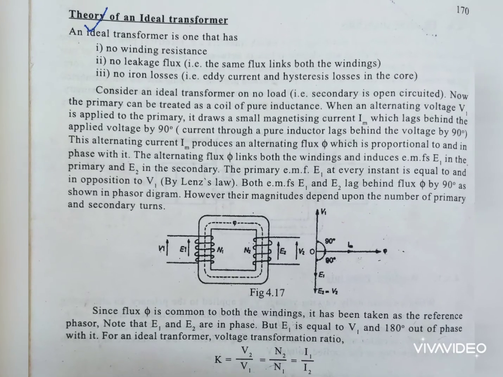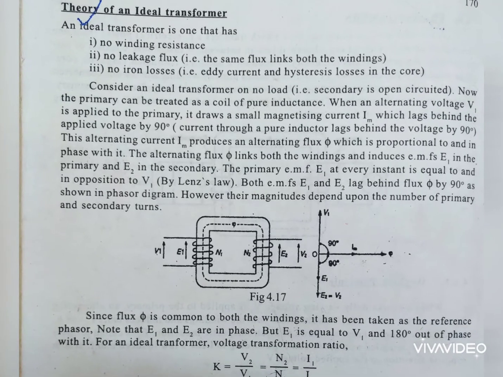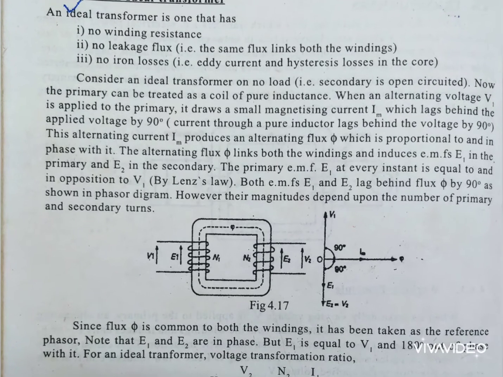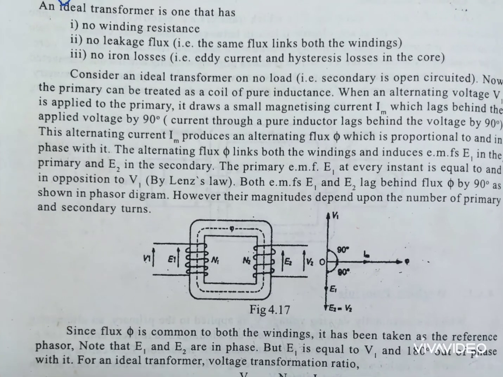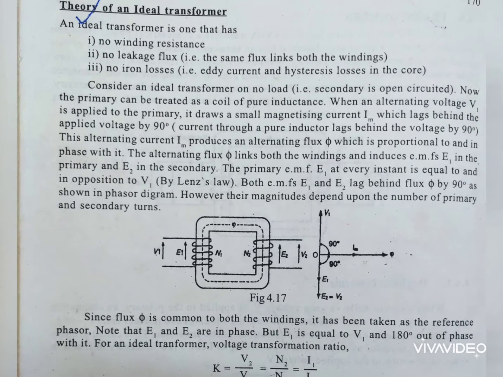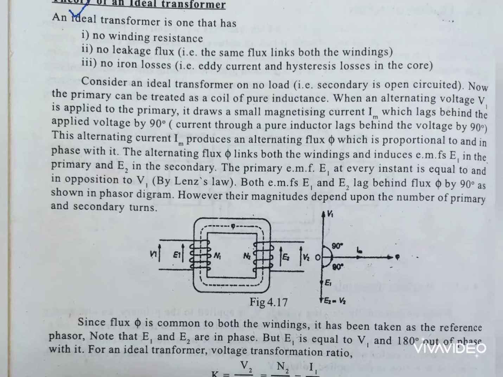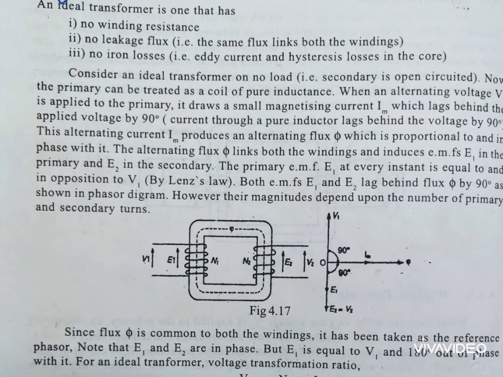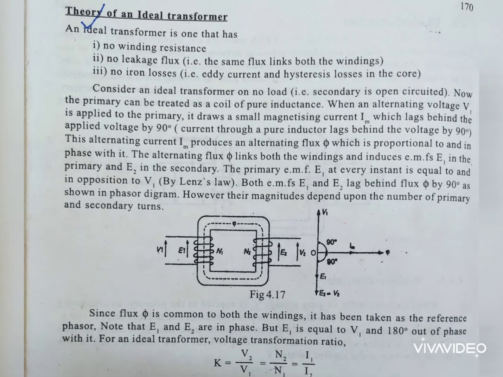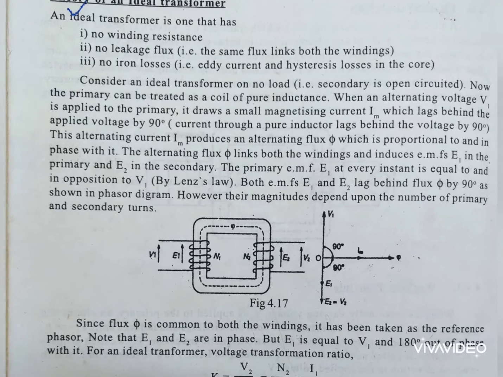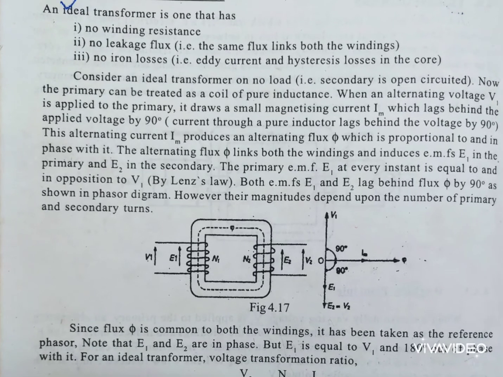The alternating flux phi links both the windings and induces EMF E1 in the primary and E2 in the secondary. The primary EMF E1 at every instant is equal to and in opposition to V1. Both EMFs E1 and E2 lag behind flux phi by 90 degree as shown in phasor diagram. However, their magnitude depends upon the number of primary and secondary turns.